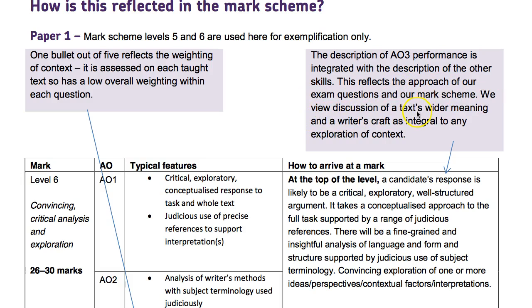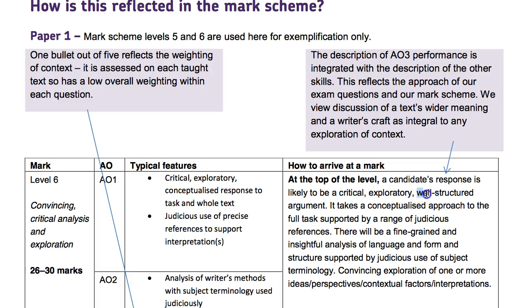We view discussions of a text's wider meaning, remember the context gives you the meaning, and a writer's craft as integral to any exploration of context. So for example, if you're writing about the context of the play or the novel, you must be being exploratory.